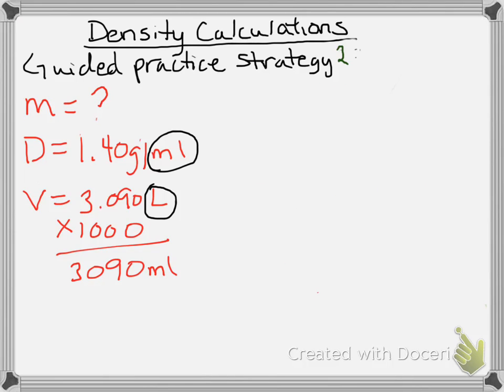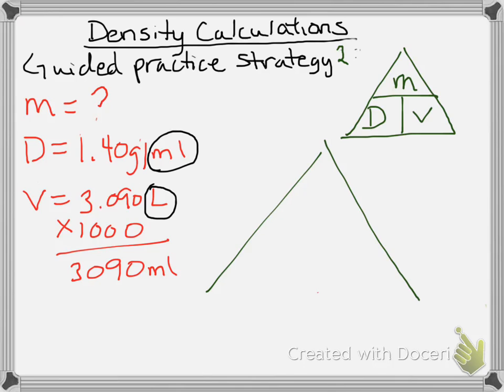Okay, so strategy 2, same thing, except we're going to use our triangle this time. A lot of people find this easier, especially when we're dealing with one where we're not solving for a straightforward density. Okay, so again, we're going to take our triangle and plug in the information that we have. I know my density is 1.4.